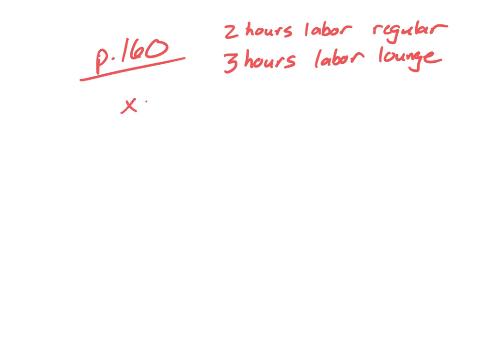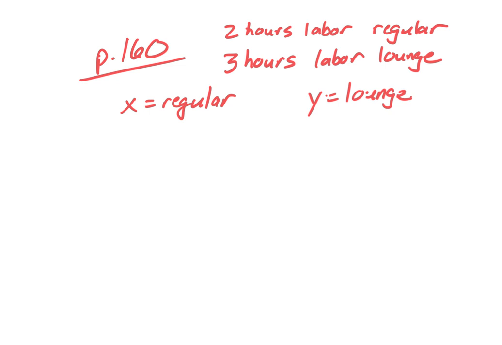And then it says x is the number of regular chairs. y is the number of lounge chairs. Write an inequality describing the relationship between the number of each type of chair produced and the labor available.